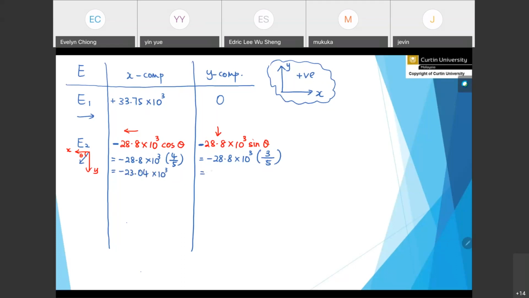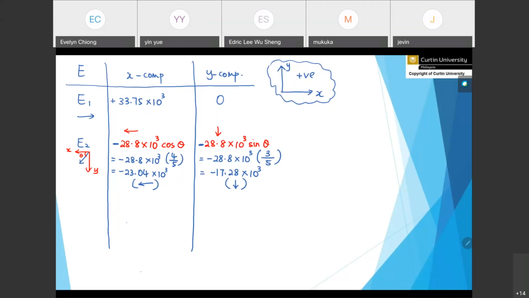And this one, I'm going to get 17.28. So the negative means that it is pointing to the left, and negative for y means that it is pointing downward.